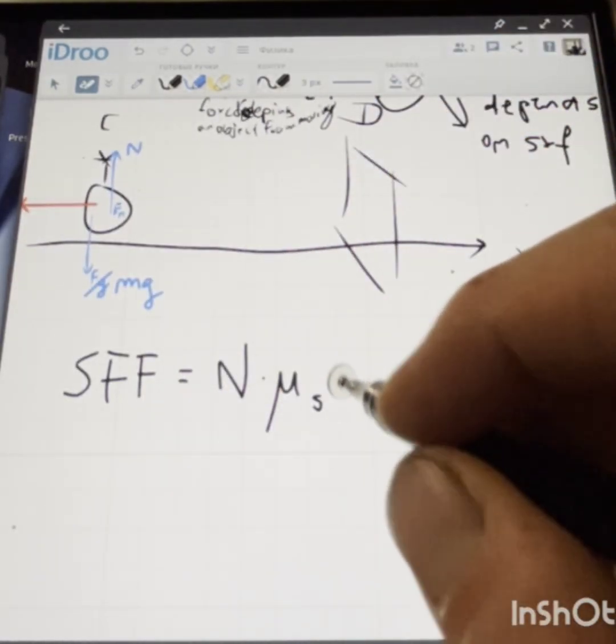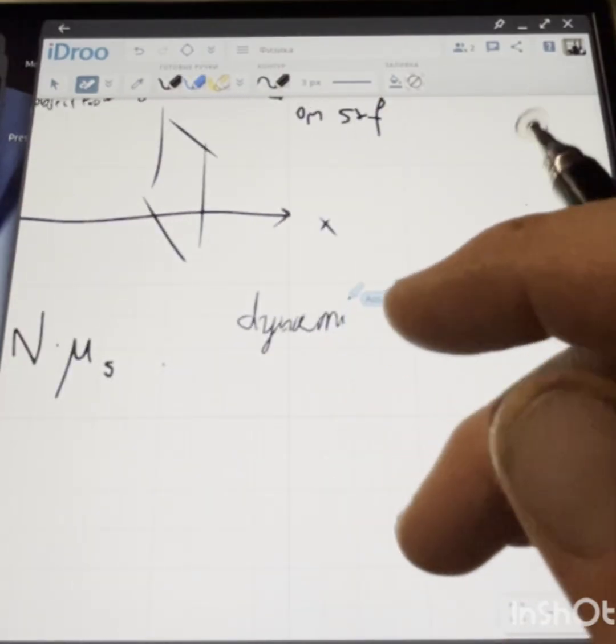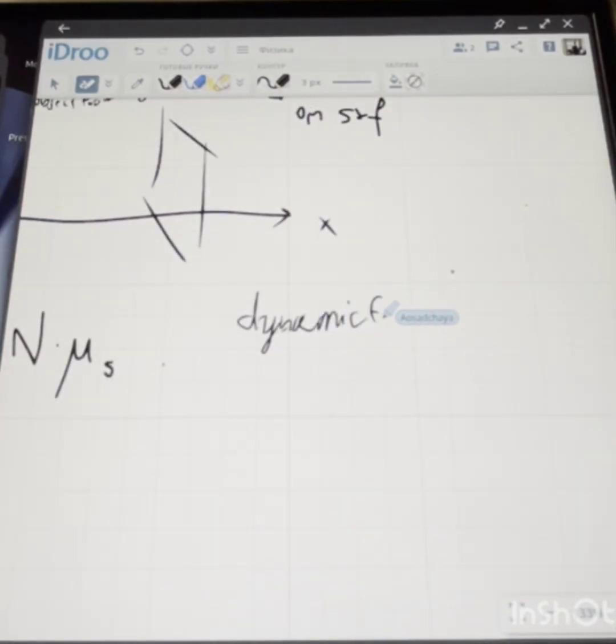So, yes, I can write it if you wish. No, it's okay, I'm writing. So dynamic friction is what slows you down until you stop.